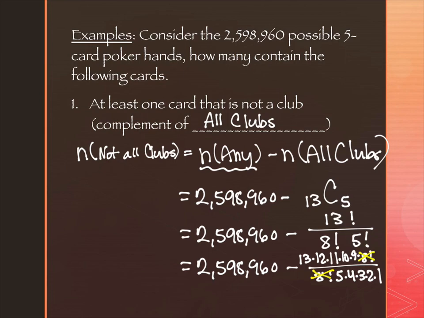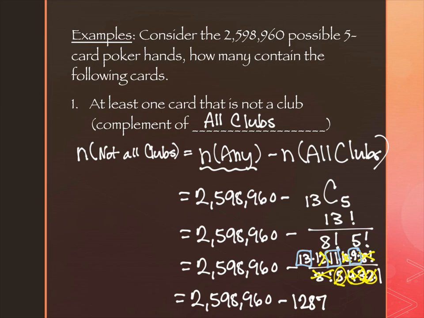What else? Yep, 4 times 3 is 12. 5 times 2 is 10. So I'm left with a 13, an 11, and a 9. What is 13 times 11 times 9? 1,287.